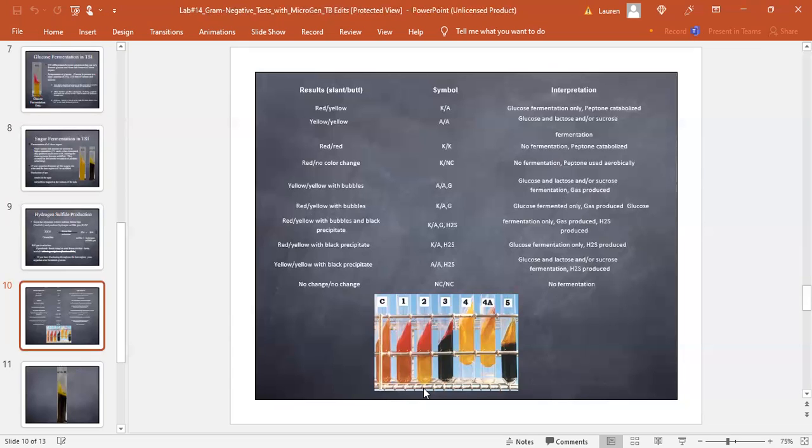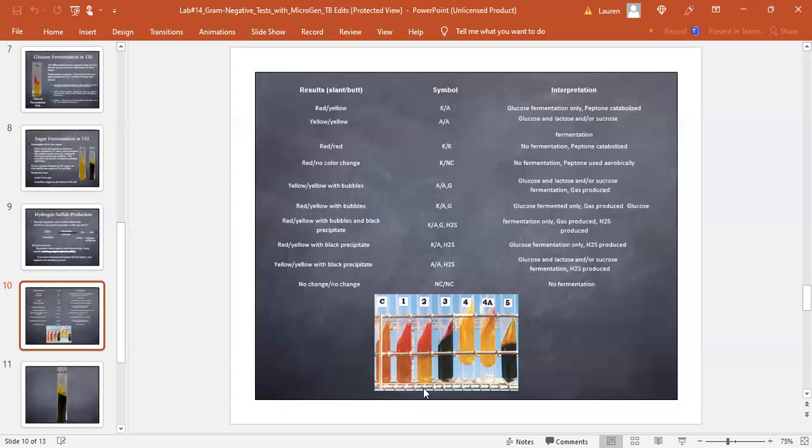So how would we write this out? Would it be K over A, like the top? Yes, exactly correct.